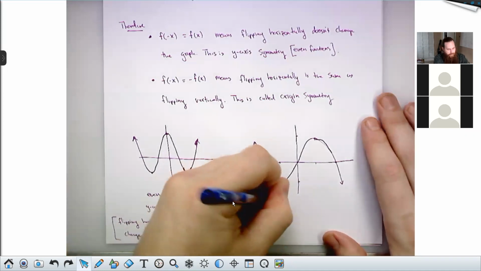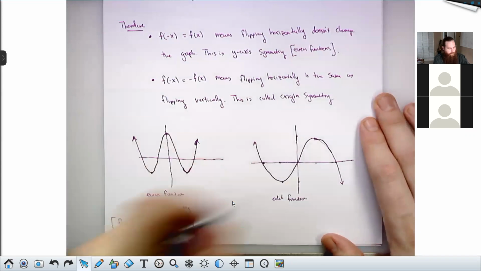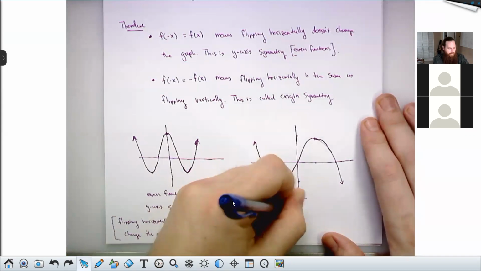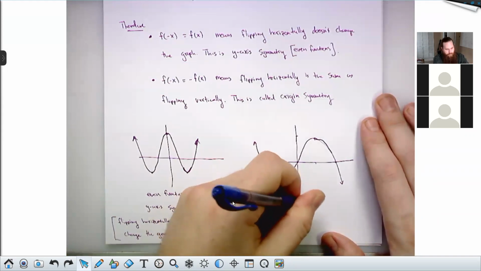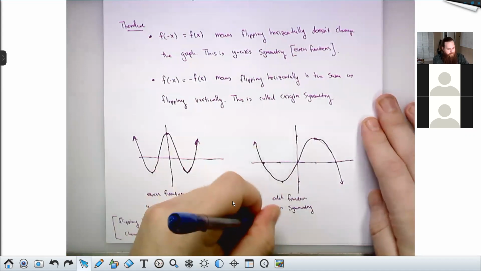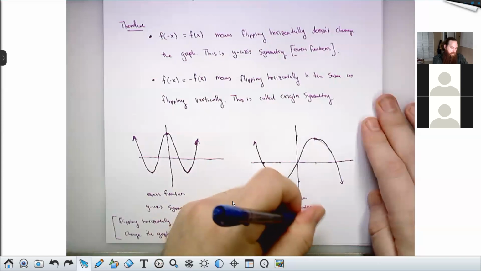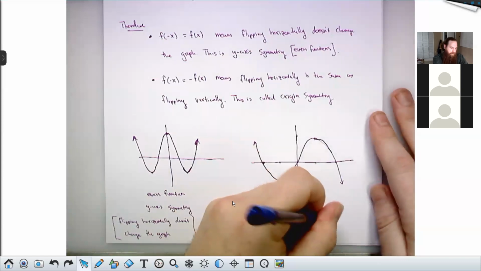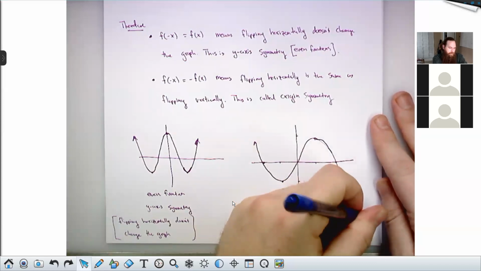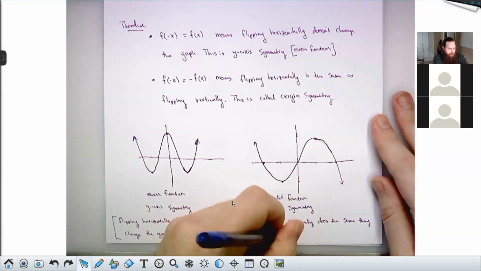This would be an odd function. It has what's called origin symmetry. Which means flipping vertically does the same thing as flipping horizontally.